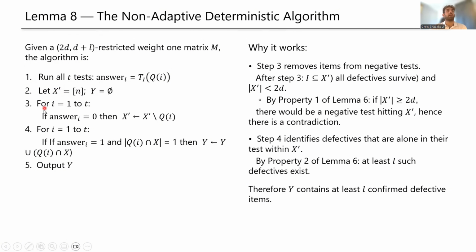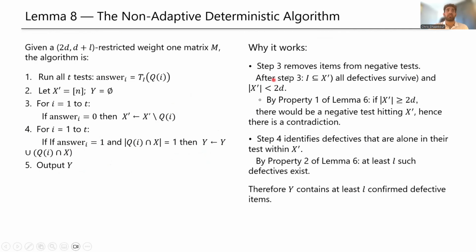For i equals 1 to T, all the tests that I'm going to be running, if the answer of the test equals 0, then we exclude the elements of this question from X prime. And for i equals 1 to T, we do this again. If the answer i equals 1 and the size of Qi intersected with X prime equals 1, then we push this element into the group Y. And after this runs on the whole matrix, we output Y.